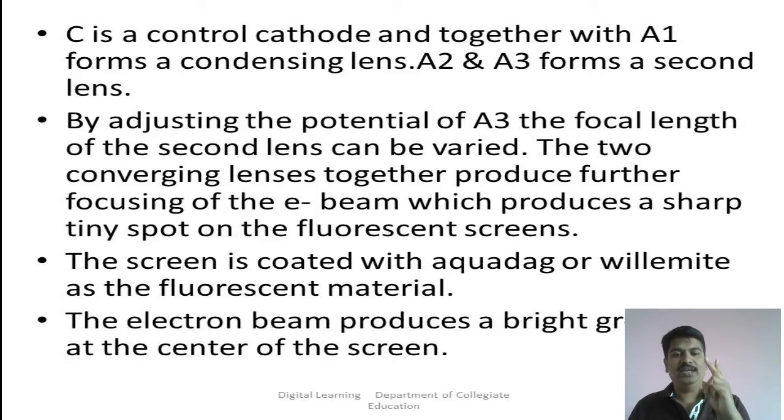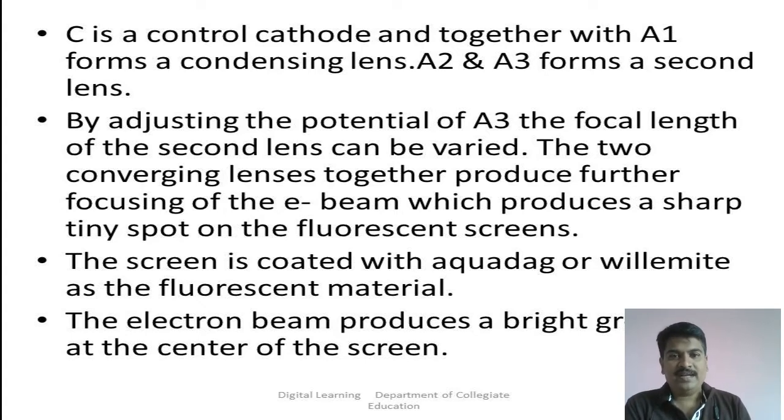So we have two condensing lenses, two focusing lenses. Two lenses are used to focus the electron beam coming from the electron gun.